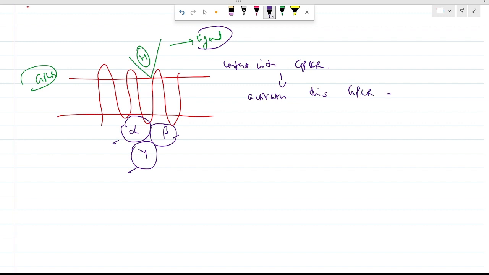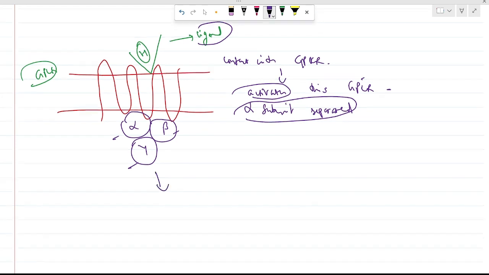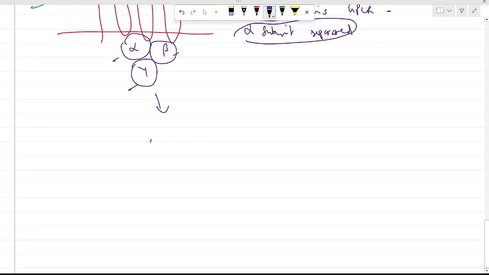What we mean by this activation is that the alpha subunit separated. This alpha subunit separated means there is activation of GPCR. After this, the alpha subunit gets separated.